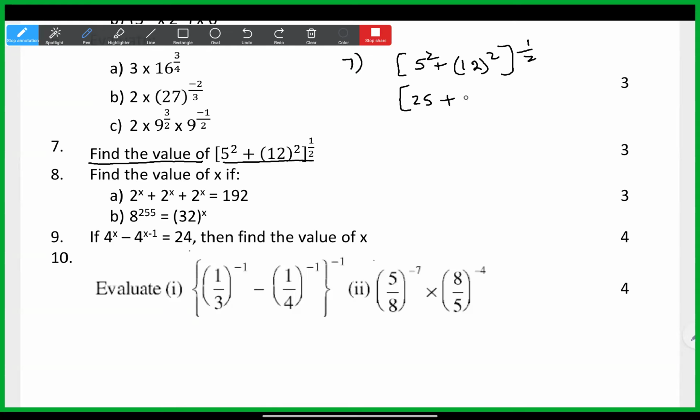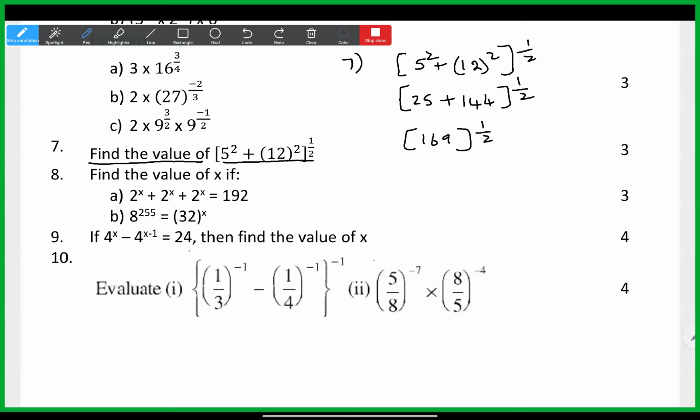Sir, 144. Whole power 1 by 2. So 144 plus 25 is? Sir, 169. Yes.